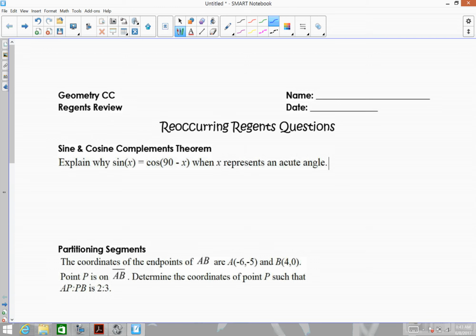So if you see a situation like this where you have sine and cosine equal, well, that means that these angles must add to 90, or vice versa. So these angles right here are complementary. They add to 90 because if you do x plus 90 minus x, the x's cancel and you get 90. So that shows you that they really do add to 90.